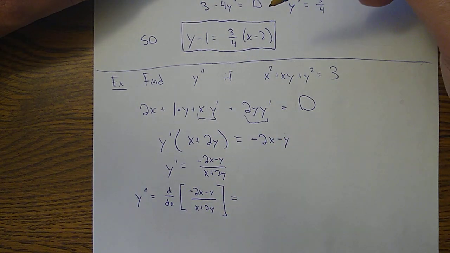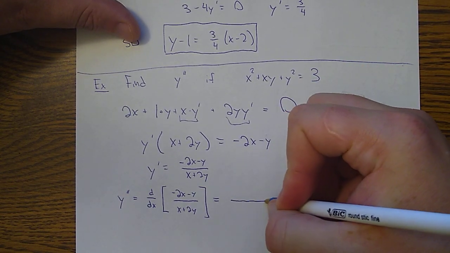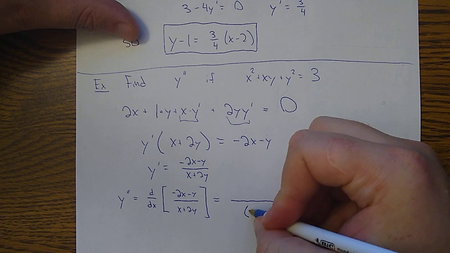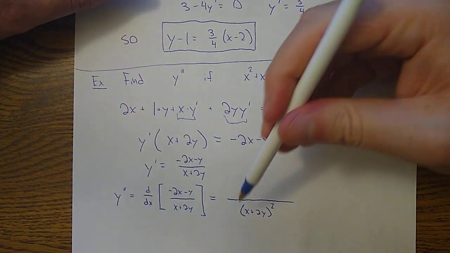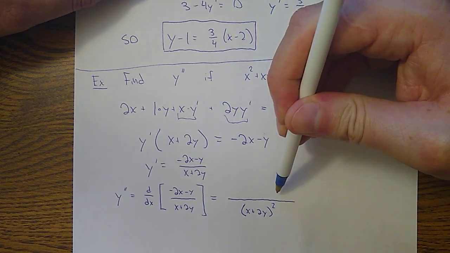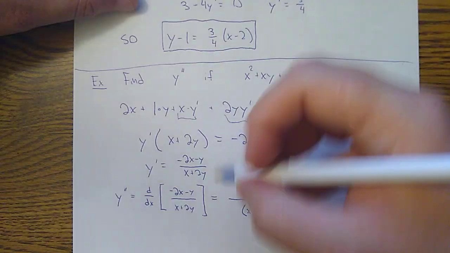Okay, it looks like we have the quotient rule here. How do you do the quotient rule? The easy part is the bottom. So, okay, in the top I'm going to have bottom times the derivative of the top.